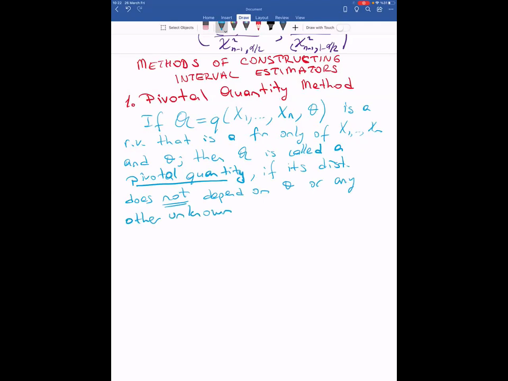If our focus is to generate a confidence interval for theta, other parameters will be nuisance parameters. Let's say for the normal distribution, we have two parameters, both mu and sigma square unknown. We want to generate an interval for mu, but sigma is also unknown. Then sigma square will be our nuisance parameter here, because our focus parameter is mu.